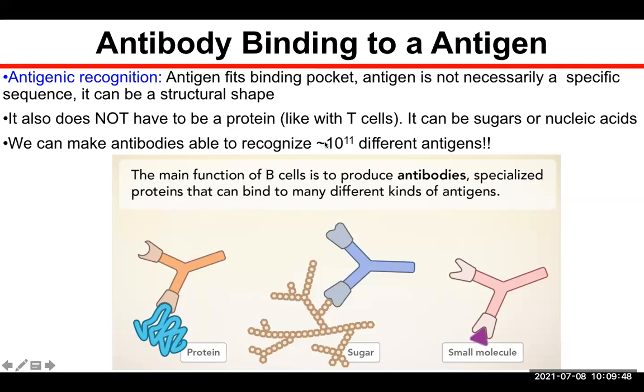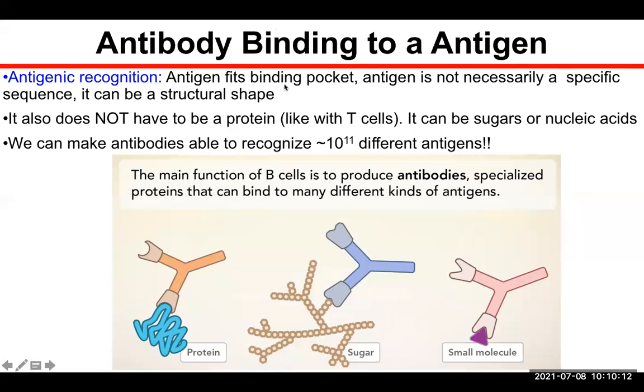Is there a danger of antibodies binding to cells that are not infected? Good question. Yes, there is. And so that's where autoimmunity comes into play. Usually there's a whole selection process that happens within the bone marrow for B cells, and the same thing with T cells in the thymus, because you don't want their receptors recognizing ourselves.